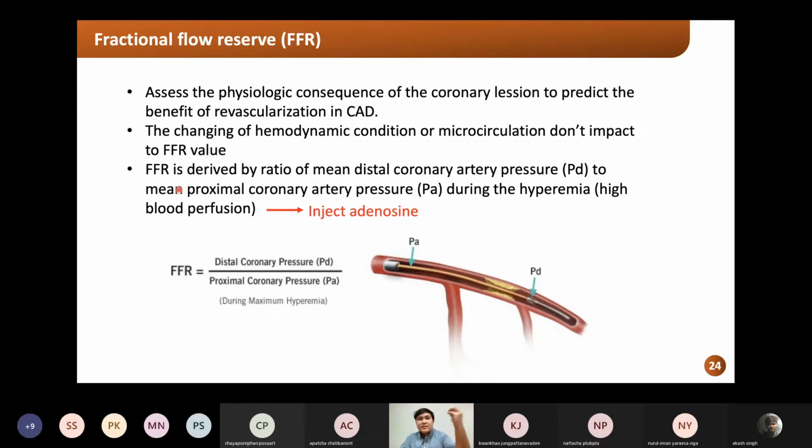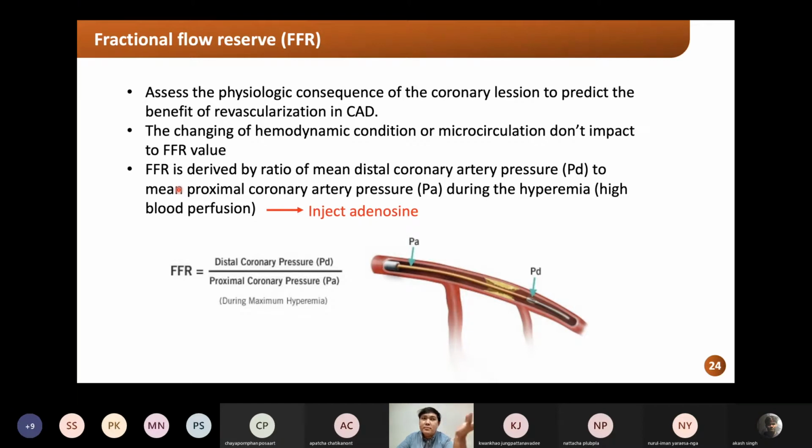When the doctor sees the stenosis in the coronary artery, they are not sure whether, if they use a balloon to dilate the lesion or implant a stent, the patient will get better in the long term.